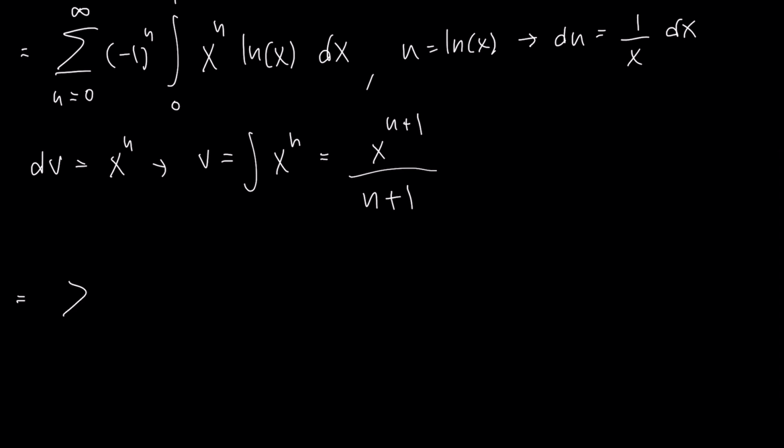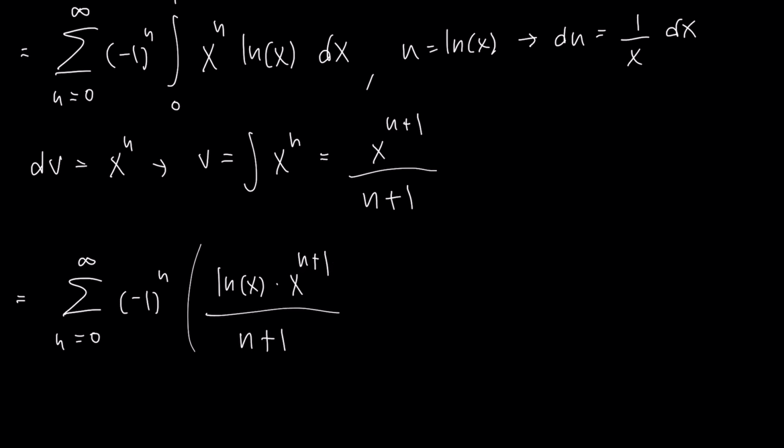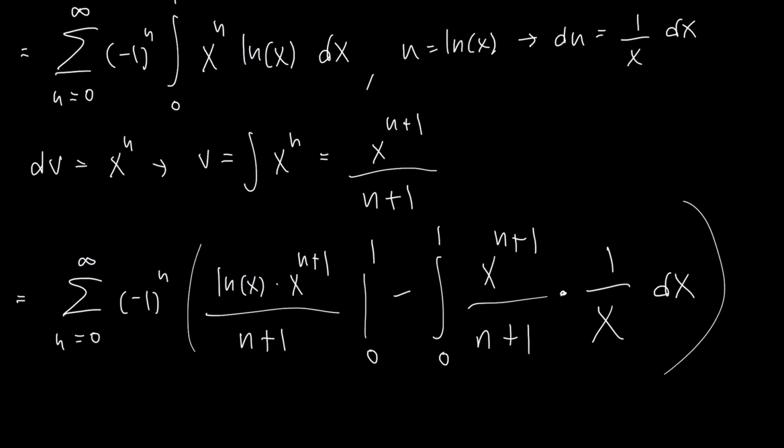This is equal to the sum from 0 to infinity of (-1)^n times uv, so the natural log of x times x^(n+1) divided by n plus 1 from 0 to 1, minus the integral from 0 to 1 of v, x^(n+1) divided by n plus 1, times 1 over x dx.